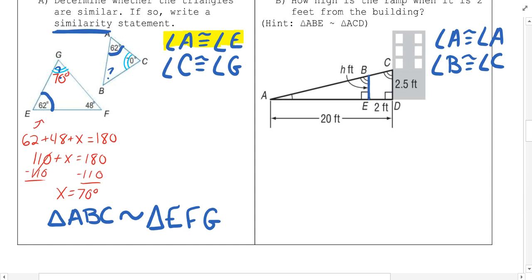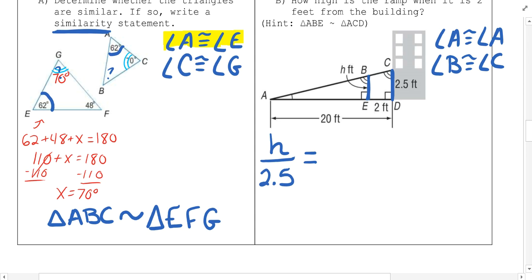So my missing value is h. And if I'm looking at my two triangles, h corresponds to side CD, which is 2.5 feet. So my first ratio that I write is h to 2.5. And since my triangles are similar, I know that the side lengths have to be proportional, or they have to have the same proportion.